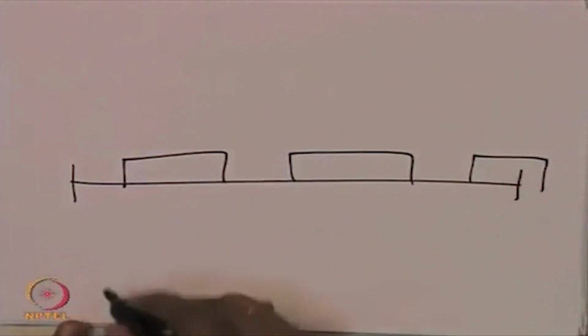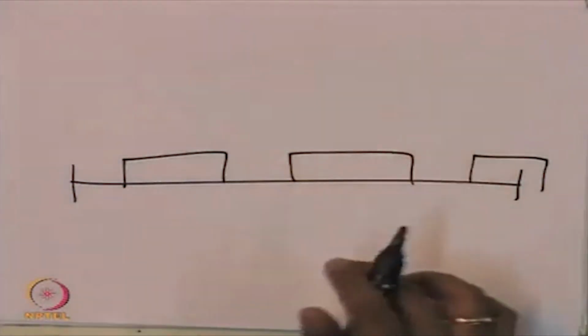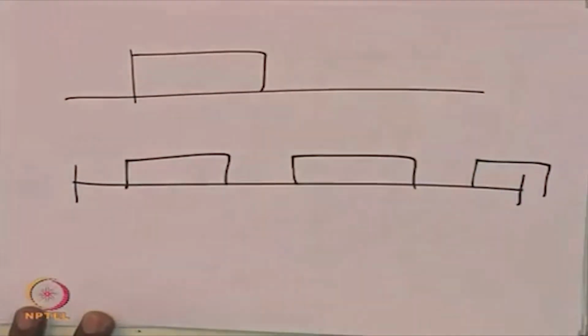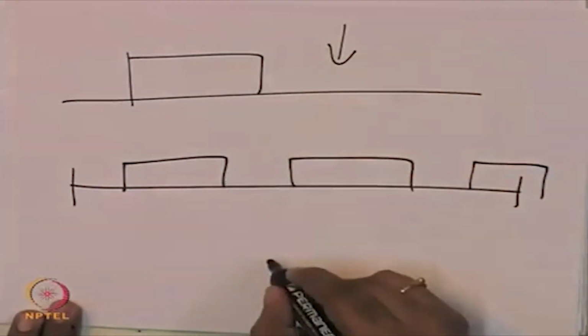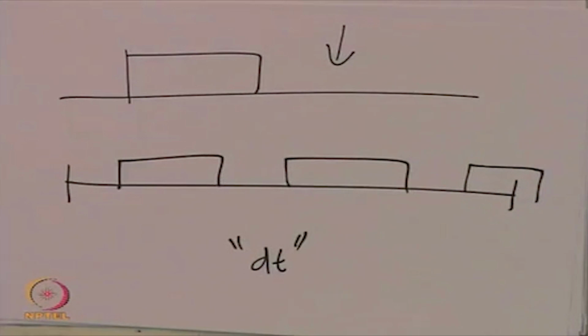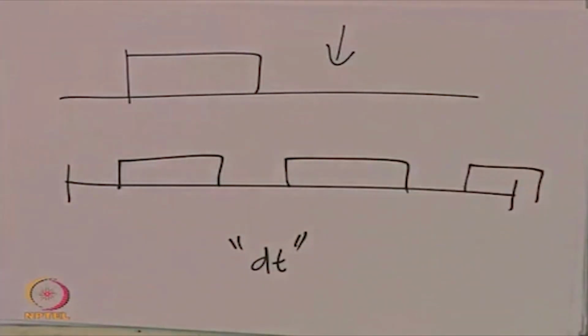You ask the question: let us say one protein binds, how long do you have to wait for the next protein to come and bind? Let us say dt is the time you have to wait for the next binding event to happen. In such a case, typically what will be the distribution of dt?